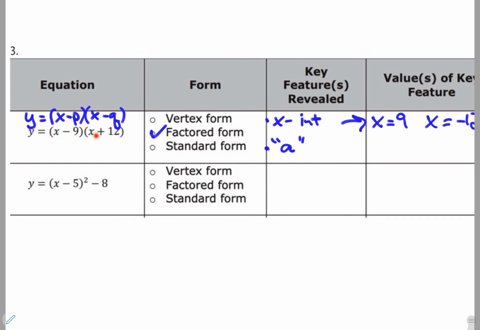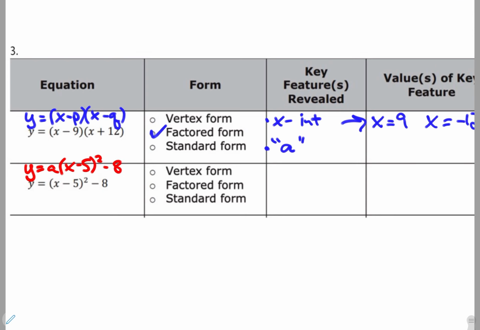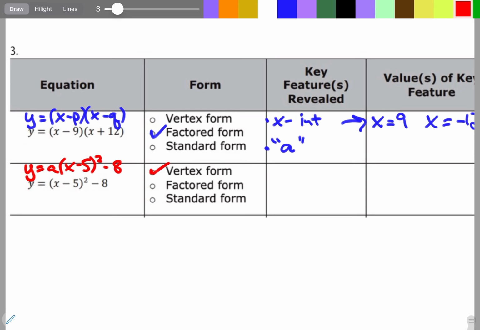Well, this is factored form. Right here we got vertex form, y equals a times x minus 5 squared minus 8. And for the vertex, remember, opposite, same. Opposite, same. So your key feature here is going to be the vertex, and always your a value.